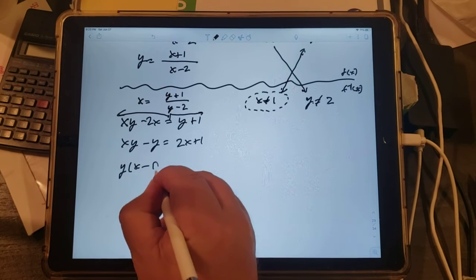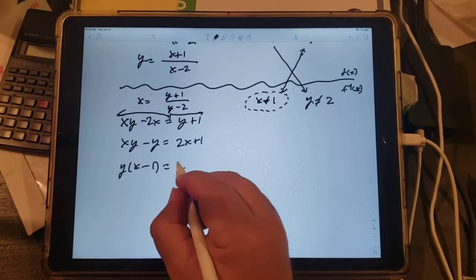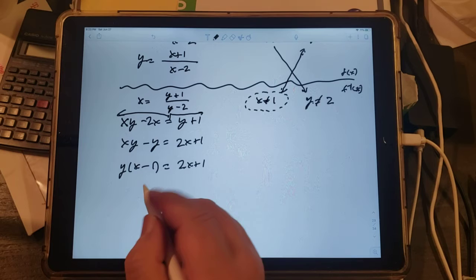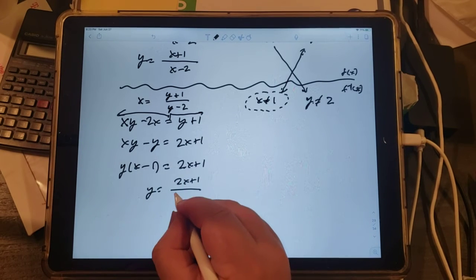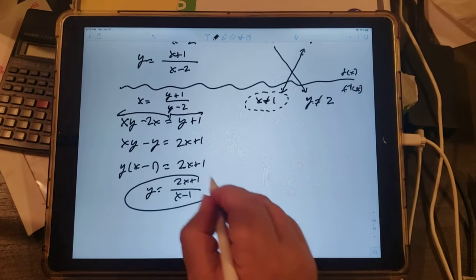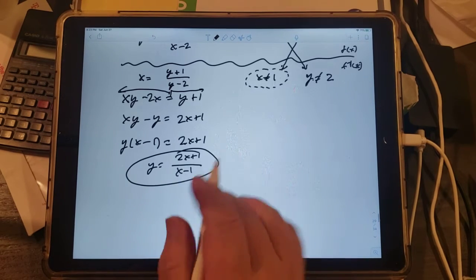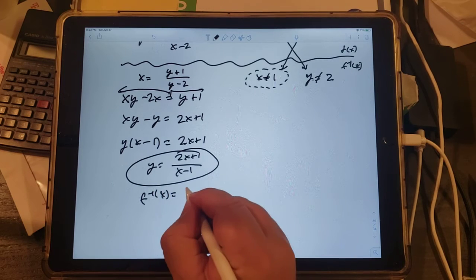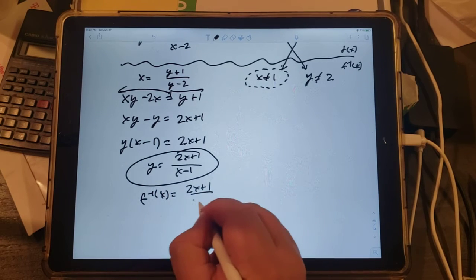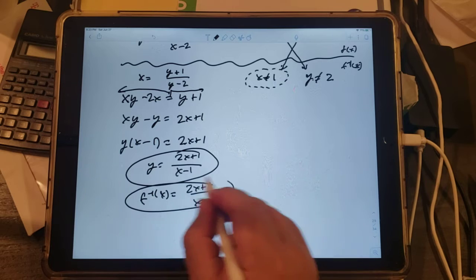Factor out the y. Divide. And I will get one more step. Change it to the other notation, f inverse of x equals 2x plus 1 over x minus 1.